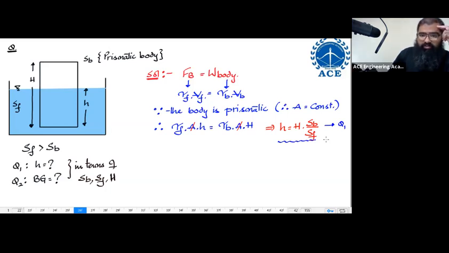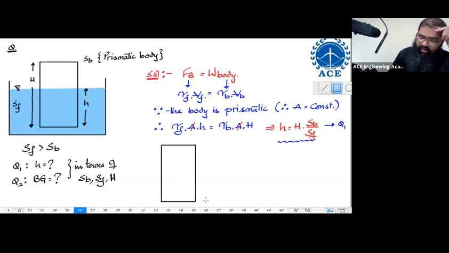body questions. Looking at question number 2 now. Imagine this is the body we are having.